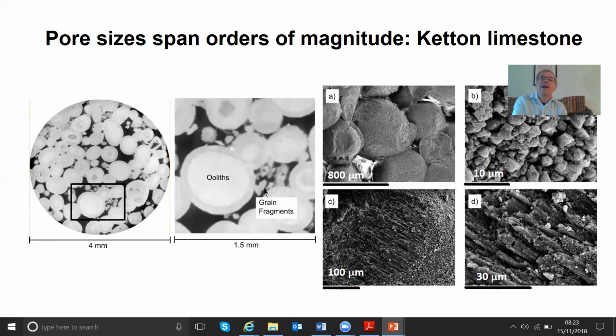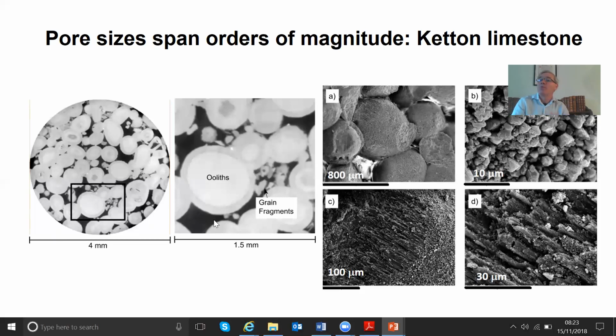If we look on the left, this is a 2-dimensional cross-section through a 3-dimensional image taken with X-rays. And you can see that we have these ball-like structures that are about 0.5 millimeter across, and typical pore sizes that are going to be nearly a millimeter to, say, fractions of a millimeter.